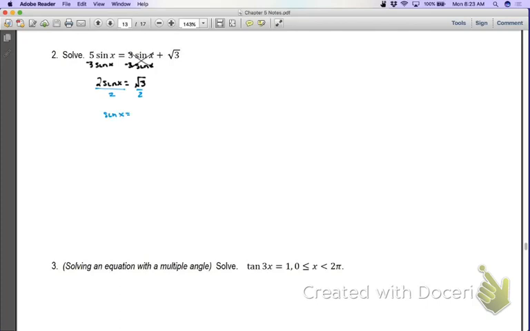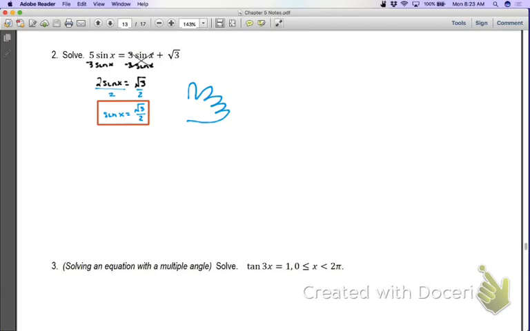Sine of x is equal to square root of 3 over 2. This one's a little bit easier, I feel like, because if you use the hand trick, when is our value square root of 3 over 2?